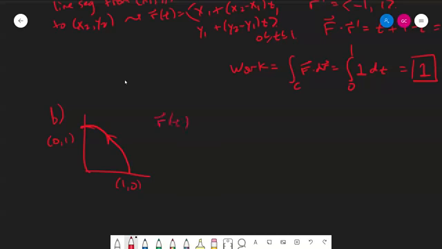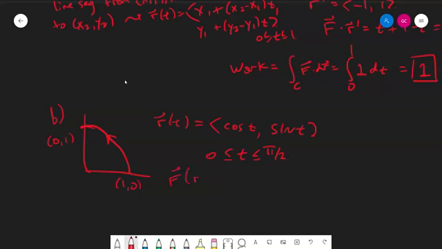Well, again, for parts of circles, there's a standard parameterization. You essentially just use polar coordinates. This is a circle of radius 1. So r of t will be 1 times cosine t, comma 1 times sine of t. t is just telling you the angle. So in this case, the range of t values is from 0 to pi over 2.